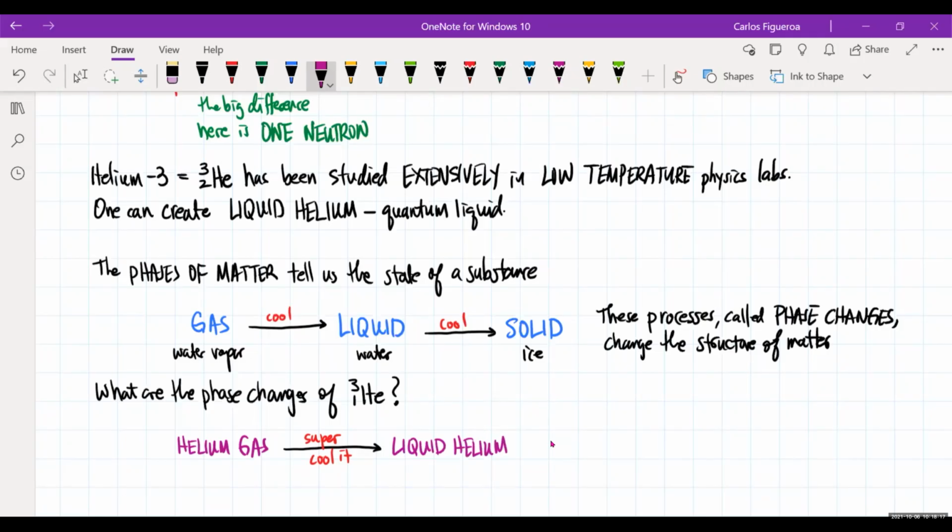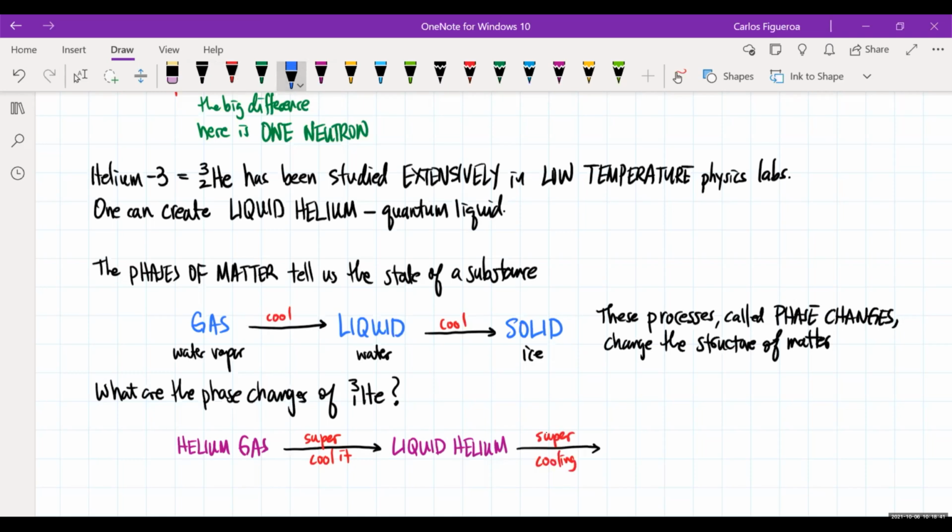Okay, so now I've gone from a gas to a liquid, but now there is another phase change. And this is because, again, you go through a process of supercooling. So these are at ultra low temperatures.